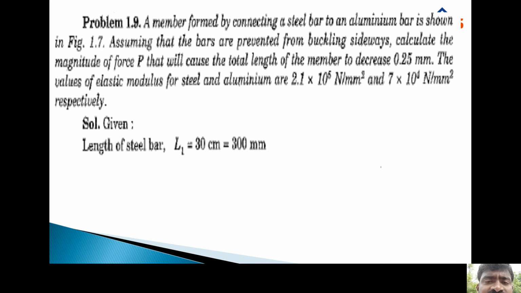The values of elastic modulus of steel and aluminum are 2.1 into 10 power 6 Newton per mm square and 7.7 into 10 power 4 Newton per mm square respectively.